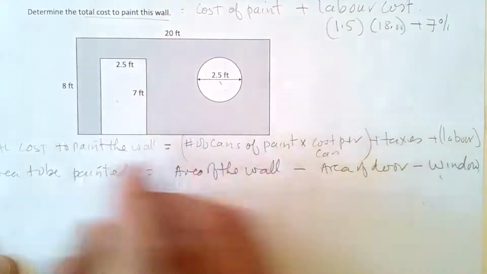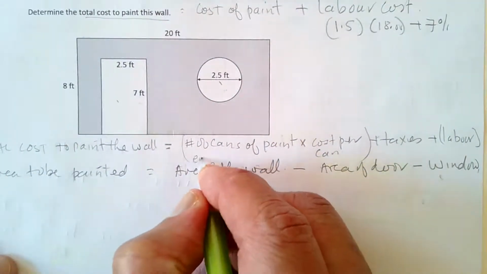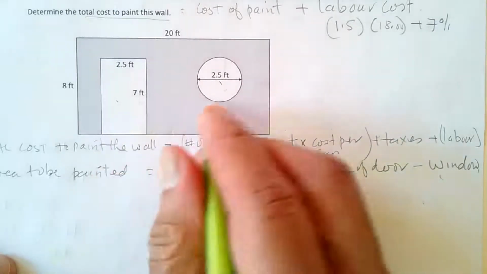So we need to find the entire area of the wall, including the door and the window.